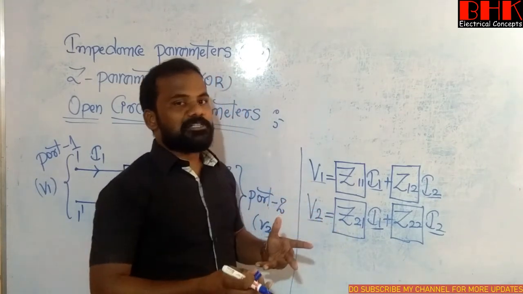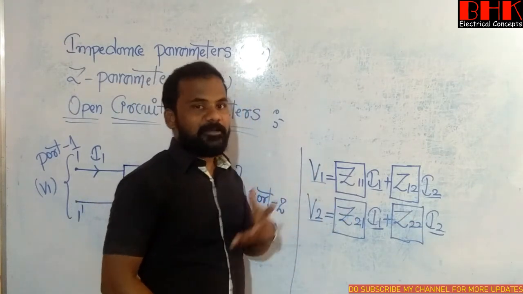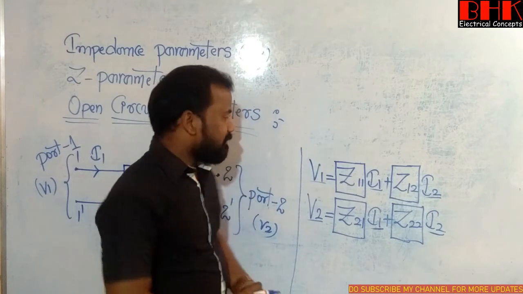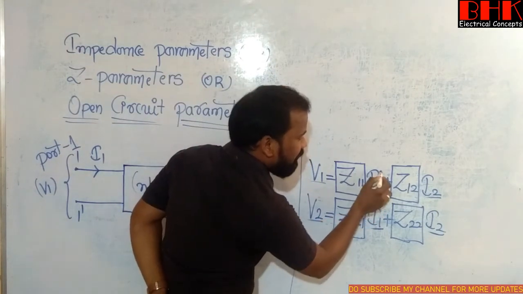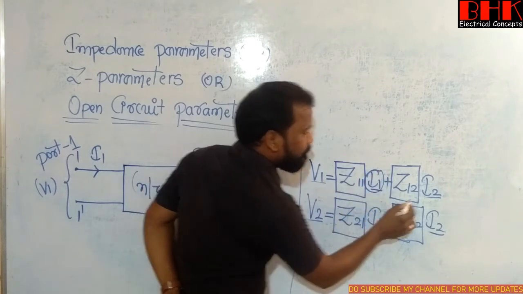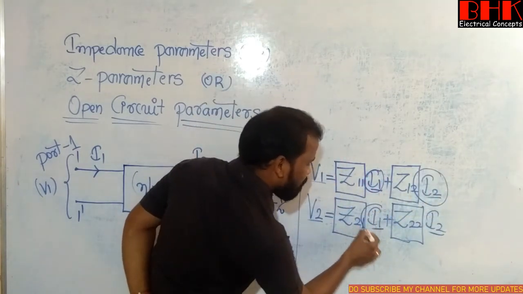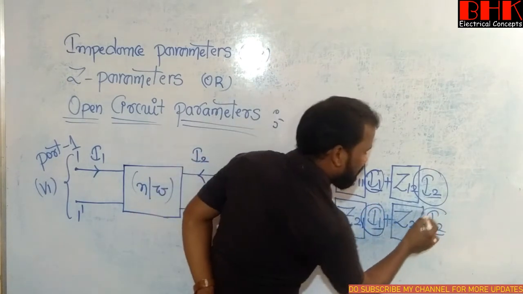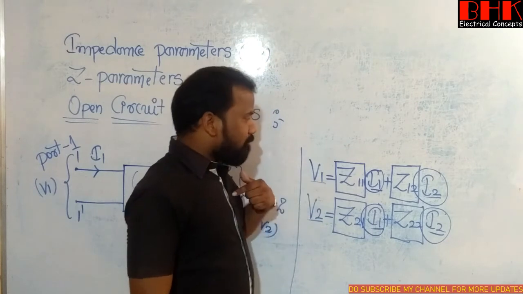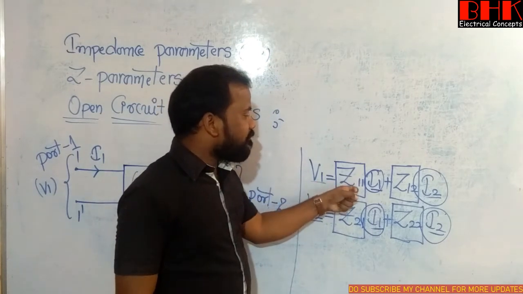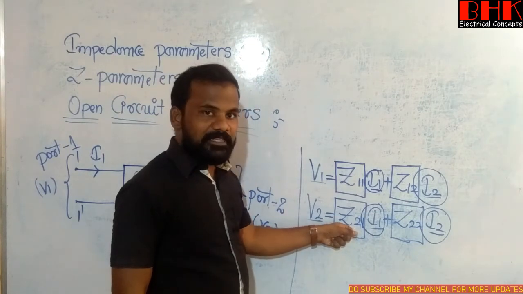But how are we going to get the impedance parameters from the given network? Simple, just observe here. Here we have I1 and I2, and here also I1 and I2. Now see here, if I want to find the values of Z11 and Z21, just observe here.